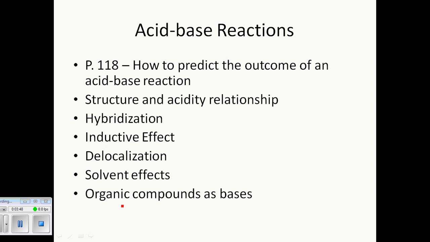Specifically, you're going to talk about alkenes and alkynes, and how much s character they have, and that will give you the strength of that acid. And then talk about the inductive effect, which is the sharing of electrons through sigma bonds.